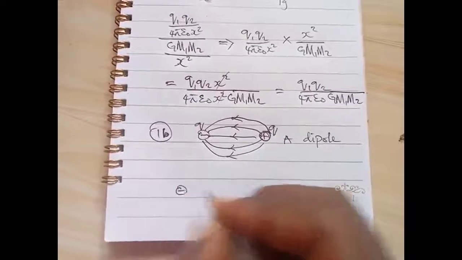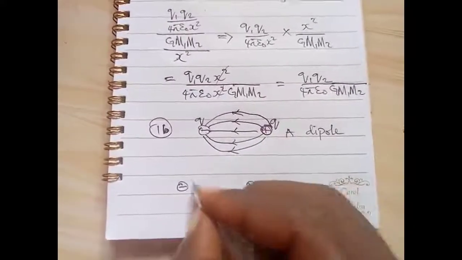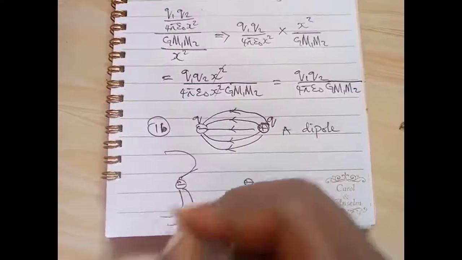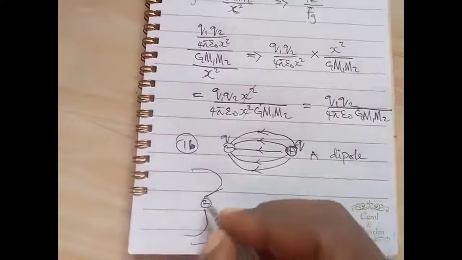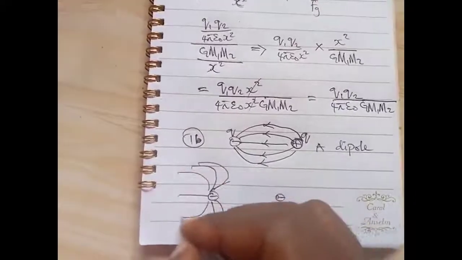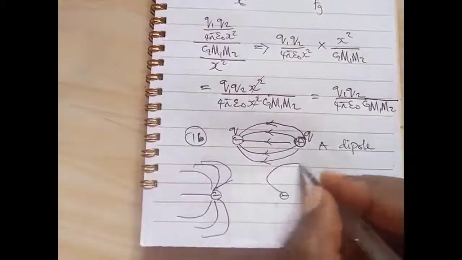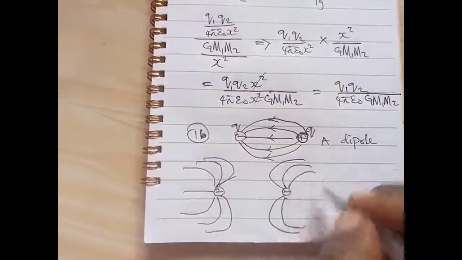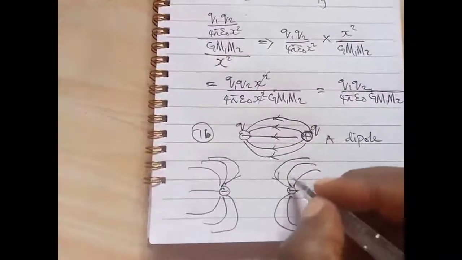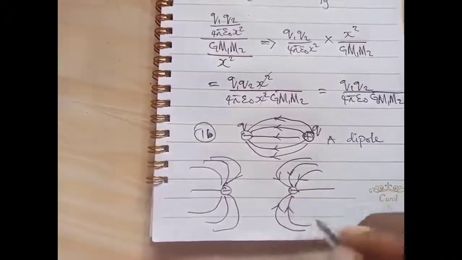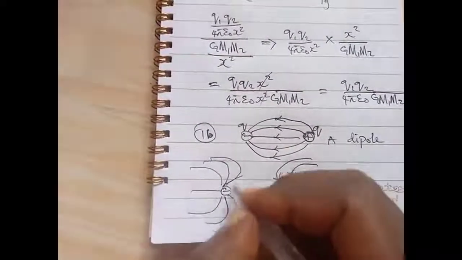The next one says two negative charges. So if this is a negative charge, and this is a negative charge, since it's a negative charge, the direction will be in this way.